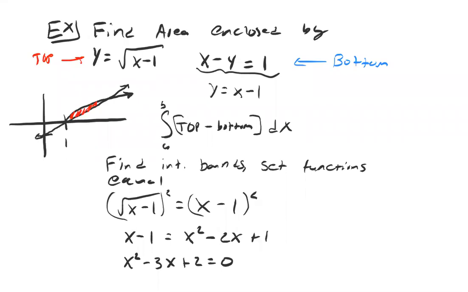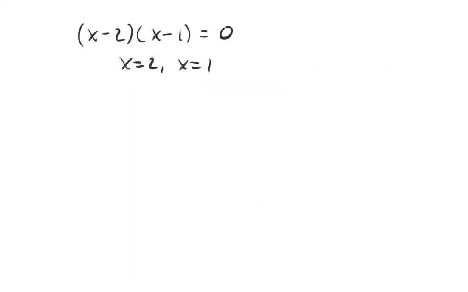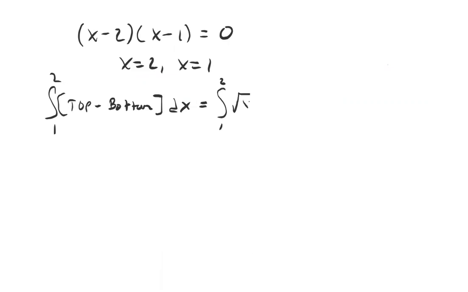So now I'm just going to do this integral. I have the integral from 1 to 2, top minus bottom, dx, equal to the integral from 1 to 2. The square root is the top function, square root of x minus 1, and I'm going to subtract off the bottom function, which was x minus 1, dx.